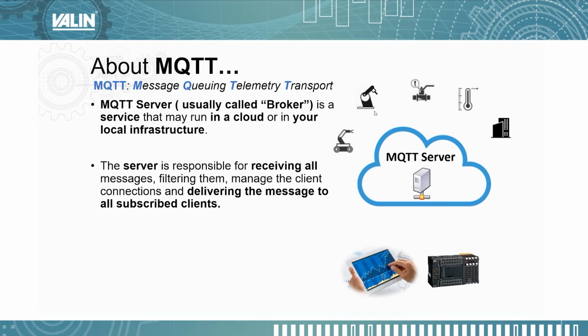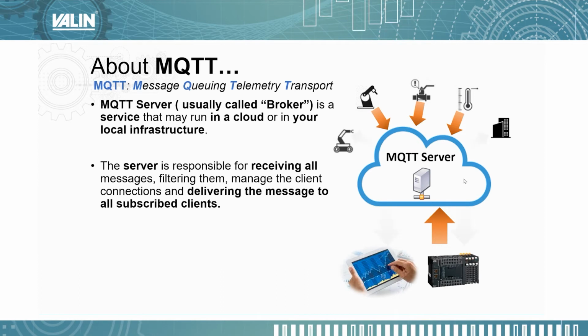All these machines that you see here are basically the clients. And the MQTT server can be a local infrastructure or it can be in the cloud. For example, these machines or processes can publish topics, and that's how the MQTT server receives these messages.